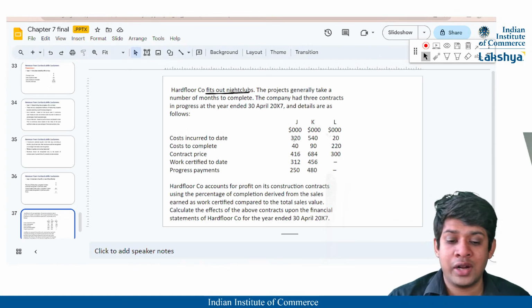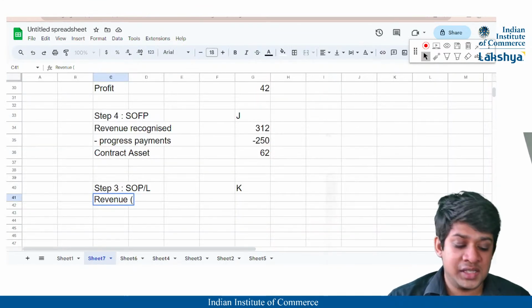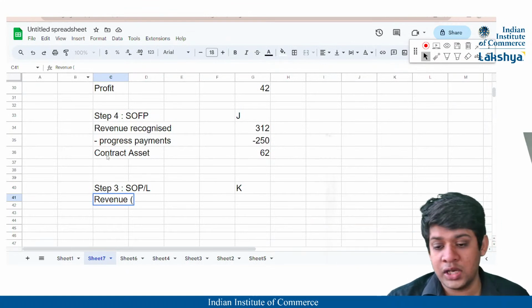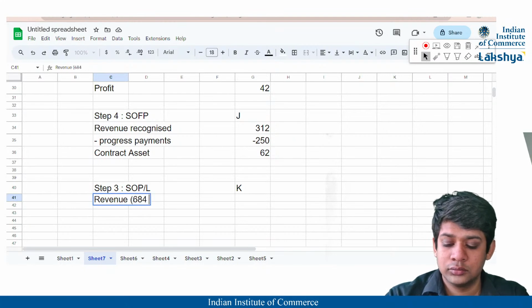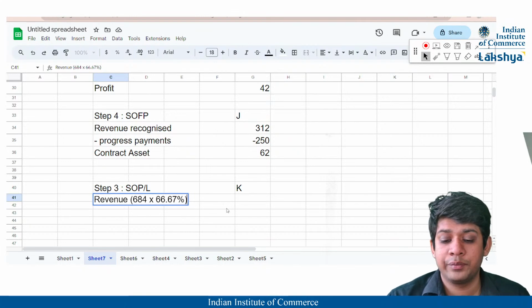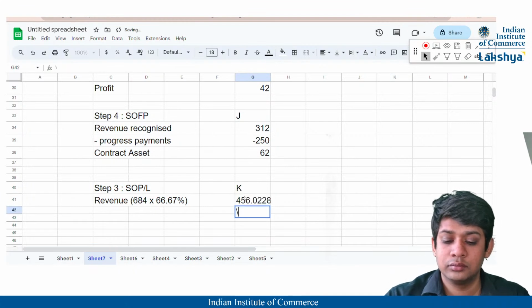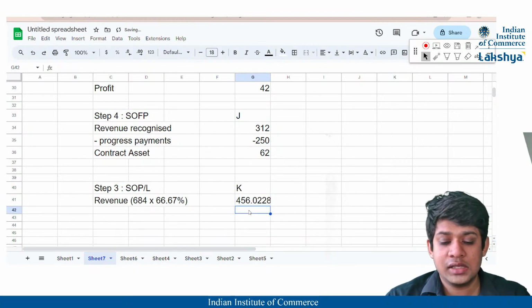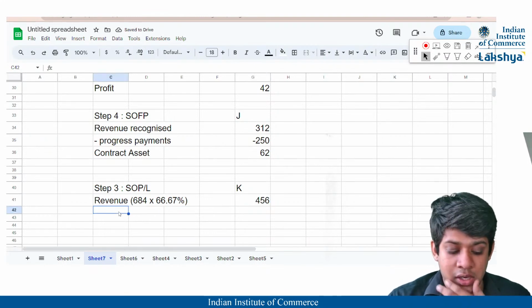You can see the total contract price is 684. From that, you've completed 66.67% of the project. So it will be 684 into 66.67% of the project. That I'll calculate it to be 456. So technically, 456 is nothing but the revenue that I can recognize.